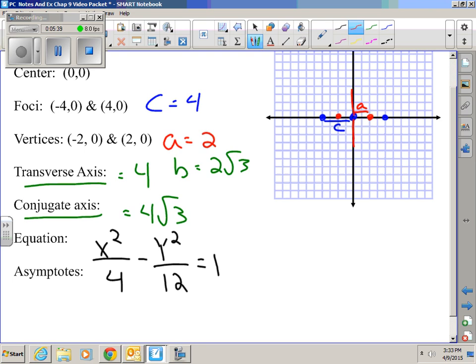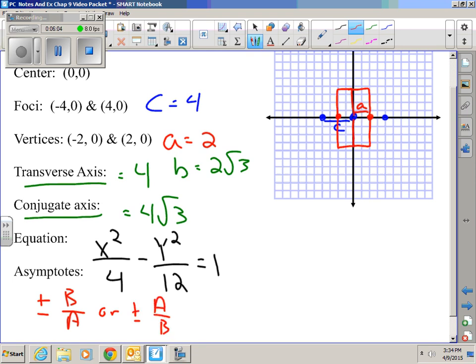axis, and I'm going to draw a little box. That's the length of both my transverse and conjugate axes. And that's going to help me draw in my asymptotes. The asymptotes are always going to have a slope of plus or minus b over a, or plus or minus a over b.